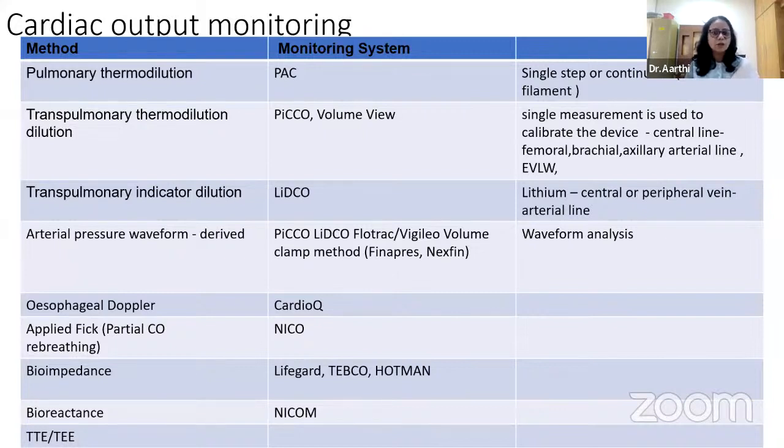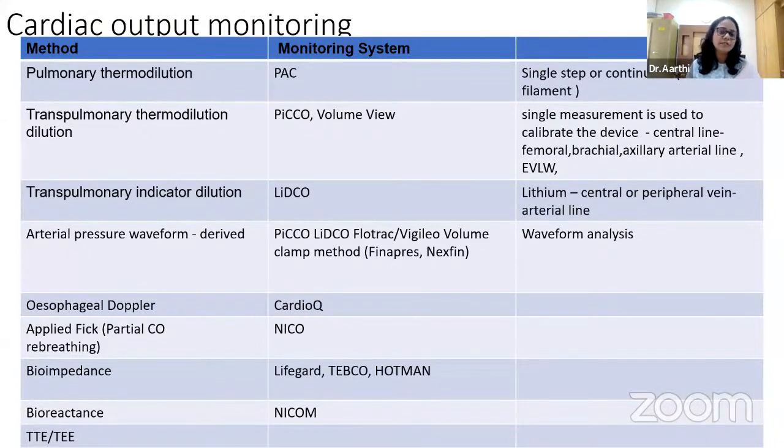For this PiCCO or VolumeView, one needs to have a central access and also arterial access, either in the femoral, brachial, or axillary arterial lines. This transpulmonary thermodilution technique, which is measured using PiCCO or VolumeView devices, also measures what we call extravascular lung water, which is a very important monitor in assessing the risk of a patient developing pulmonary edema.